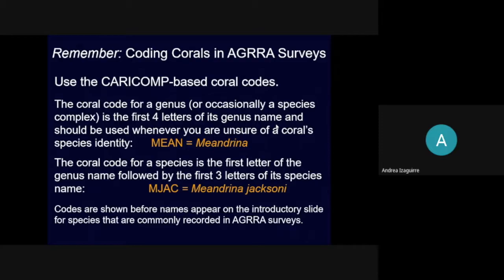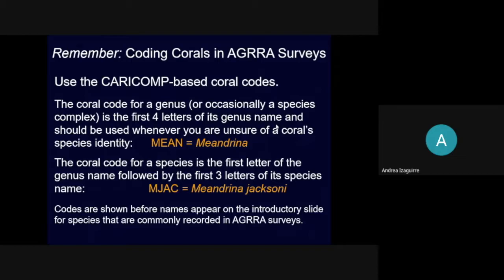So the M for Meandrina, we'll take that, and we'll take JAC for jacksoni. So our coral will not be known as Meandrina jacksoni, but we'll just try to learn MJAC. So this is a lot easier for us to learn than the entire name.